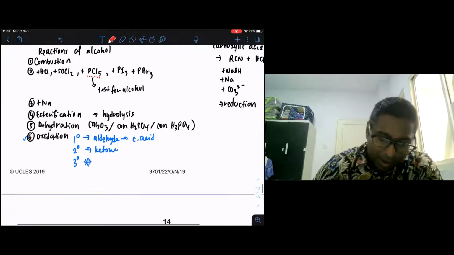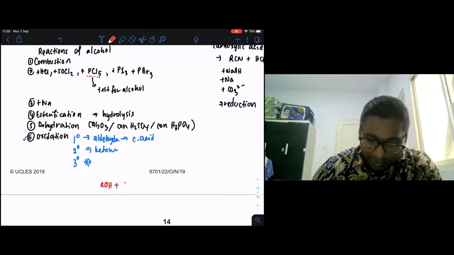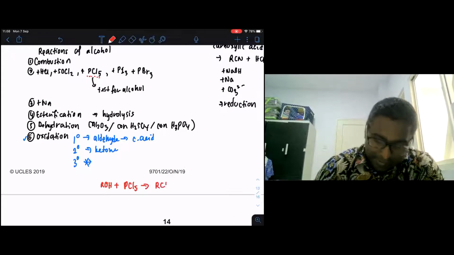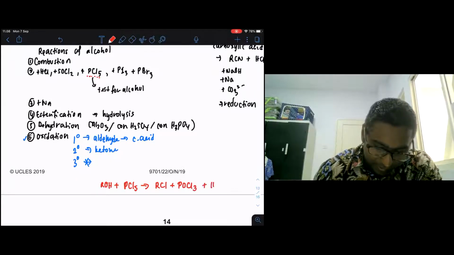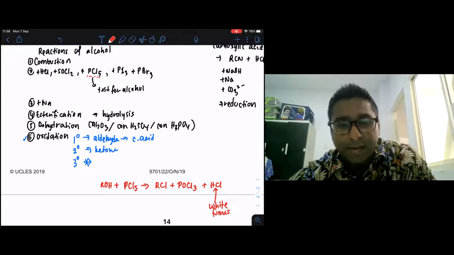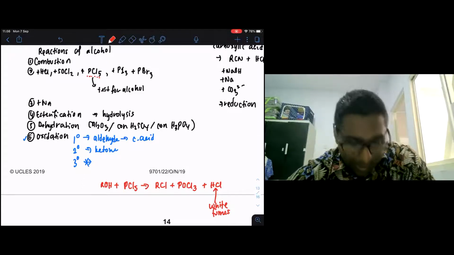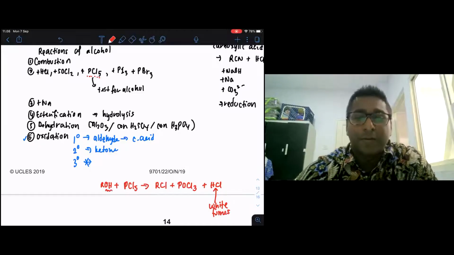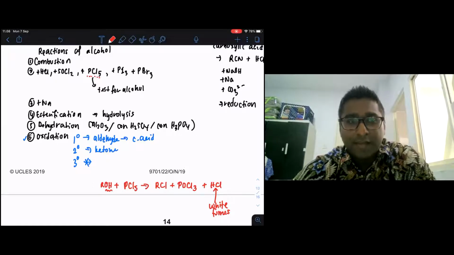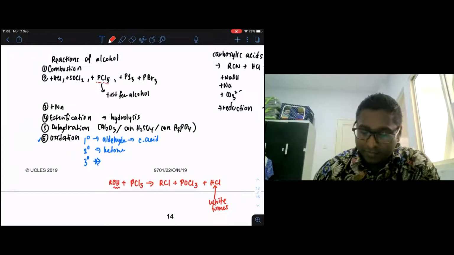Because if you have ROH, when I react with PCl5, Jody answered the other day, you will get RCl plus POCl3 plus HCl. The white fumes of HCl are a confirmation that there is a hydroxyl group. This is a definite test for alcohol. We have a lot of tests, so please identify all these tests as well.